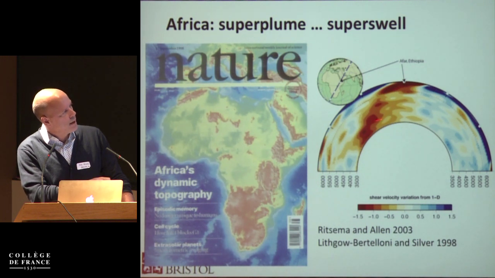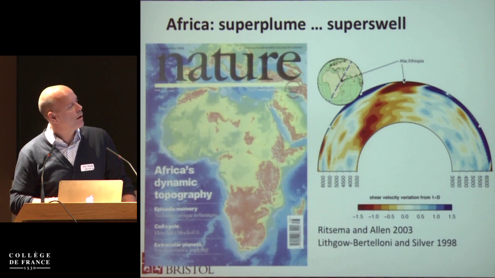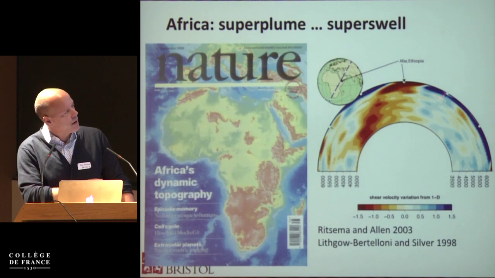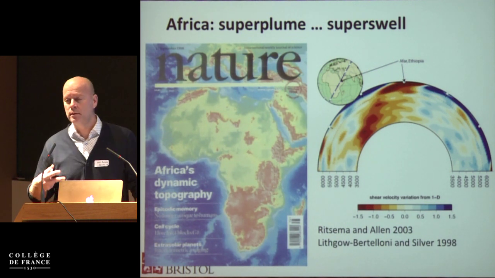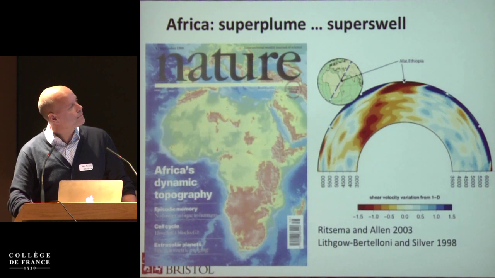At the core mantle boundary below southern Africa, there's a very low velocity anomaly which inclines upwards, and in the upper mantle comes out in the main Ethiopian rift and towards Afar. And the anomalous dynamic topography of Africa is attributed to the density-driven flow associated with this upwelling.